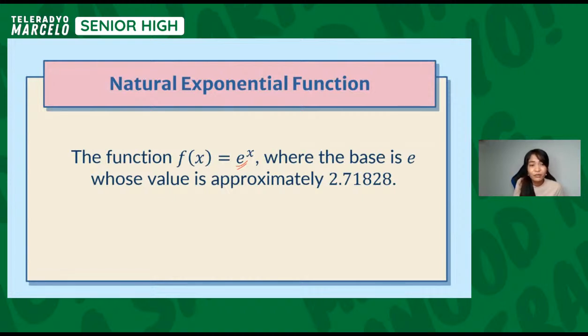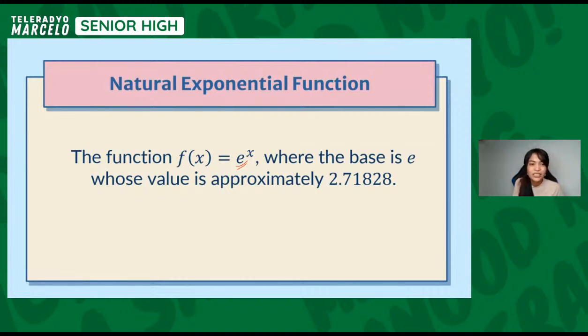From the name itself, Euler's constant, it is considered a mathematical constant. Just like pi, which is 3.1416, Euler's constant, which is e, is also a mathematical constant with a constant value of 2.71828. So that is the natural exponential function.